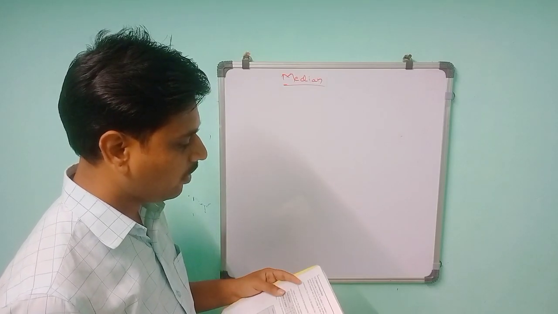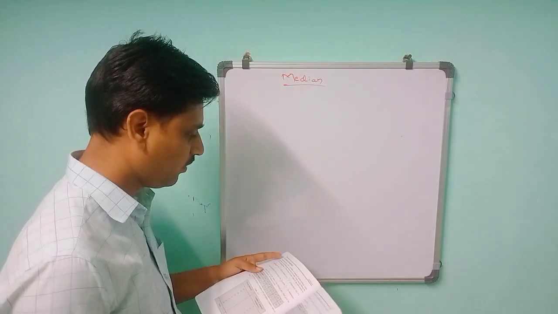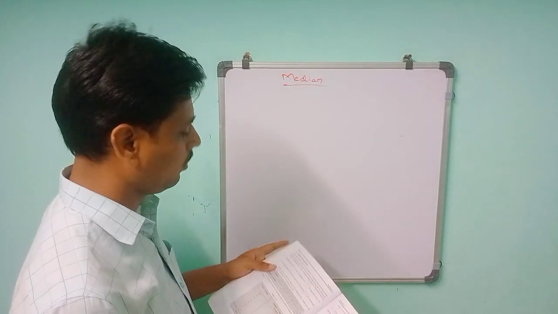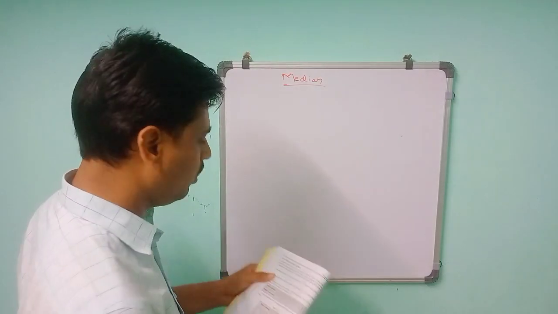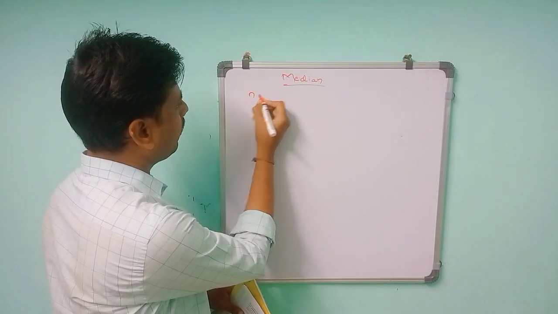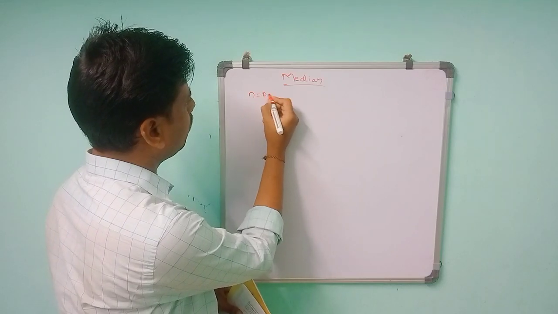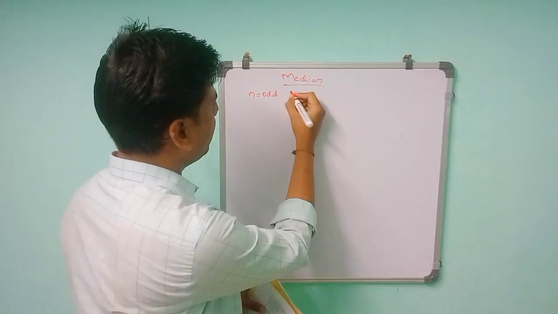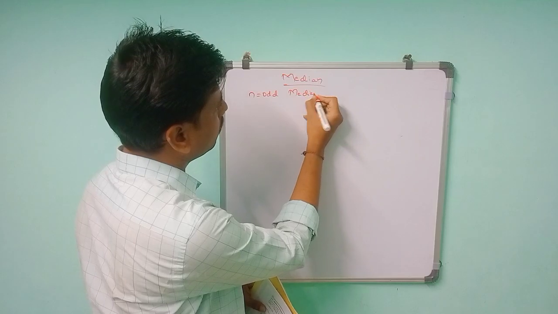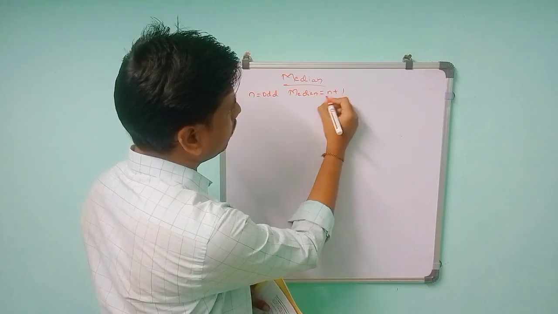Then if they give ungrouped data, and tell you to find the median, let n be the number of observations. If n is odd, then the median will be the (n plus 1) by 2 th observation.